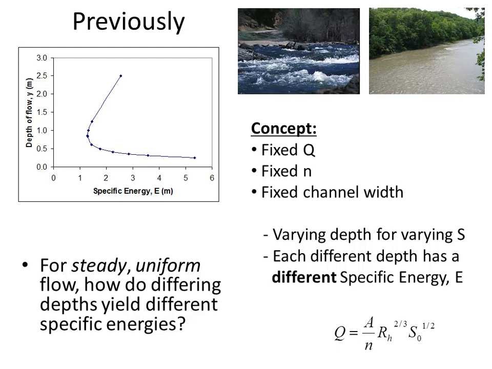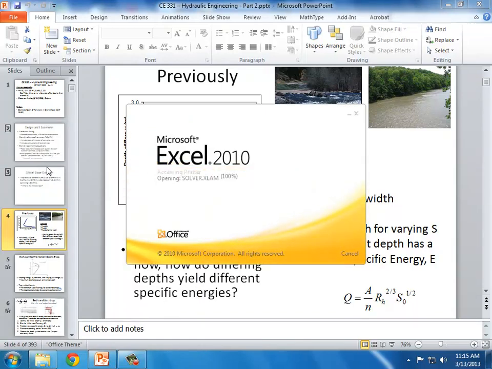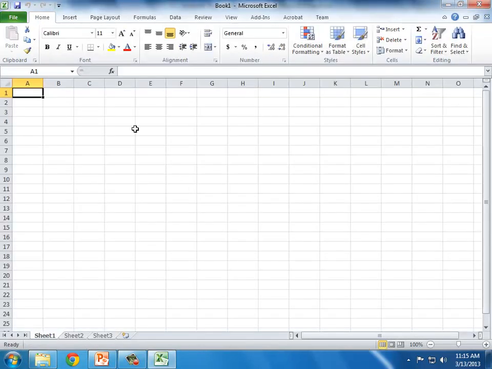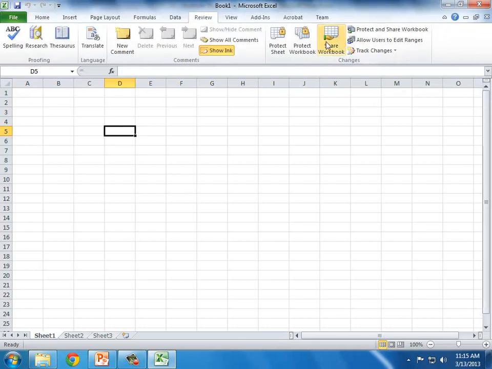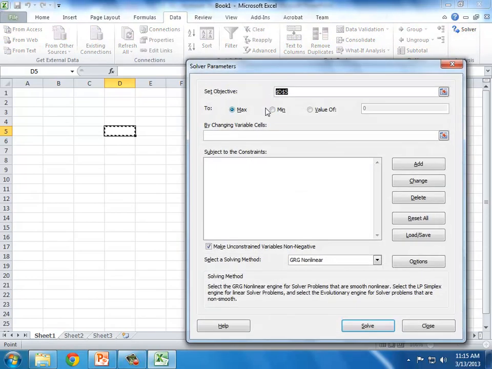Yes, like the critical depth. Mm-hmm. So in Solver, there is the option to not only solve for a known value, but also you can minimize or maximize things. So Data, Solver, so max, min, or a certain known value. If you wanted to minimize the specific energy, you can write the E equation in terms of Y, and it will play around with the Y until it finds this minimum specific energy.